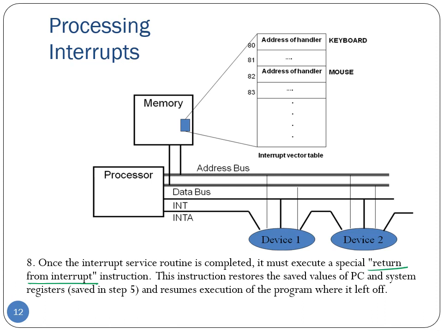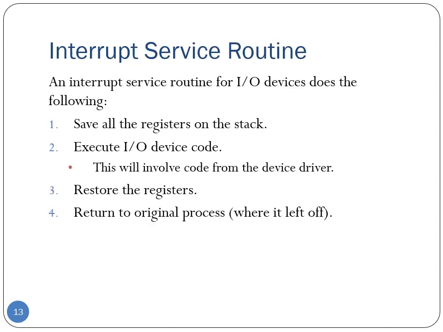So here is a quick summary of what the interrupt service routine does. First of all, for the currently executing process which needs to be suspended or preempted, the interrupt service routine will save the state of its registers, the program counter, and so forth, basically all the information needed to resume its execution from the same point at a later time.